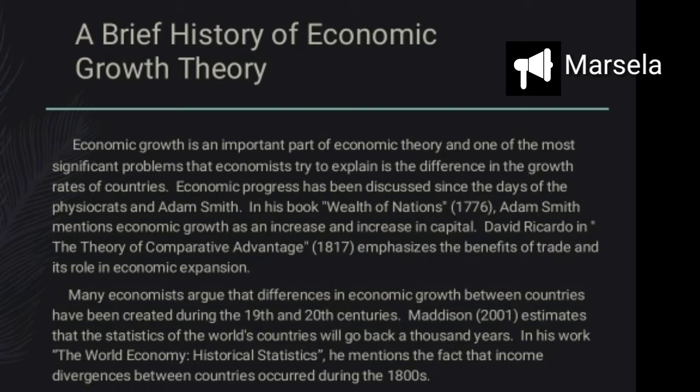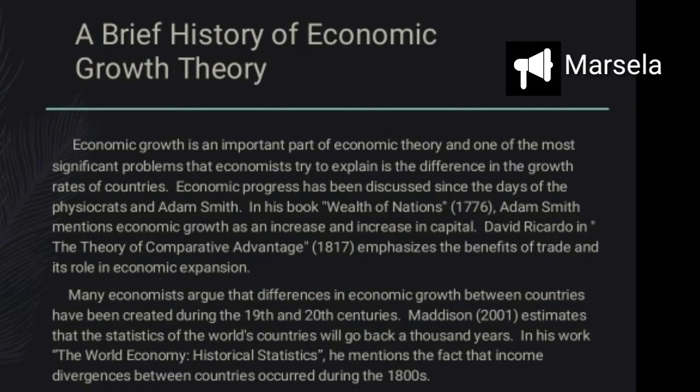Economists argue that differences in economic growth between countries were created during the 19th and 20th centuries. Maddison 2001 estimates that the statistics of the world's countries go back 1,000 years.